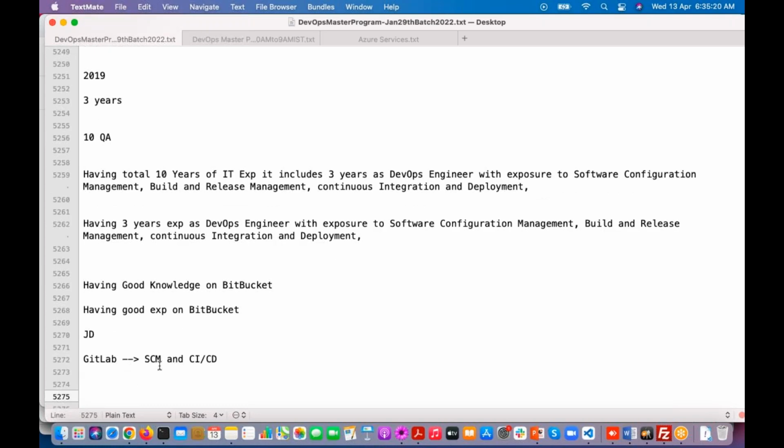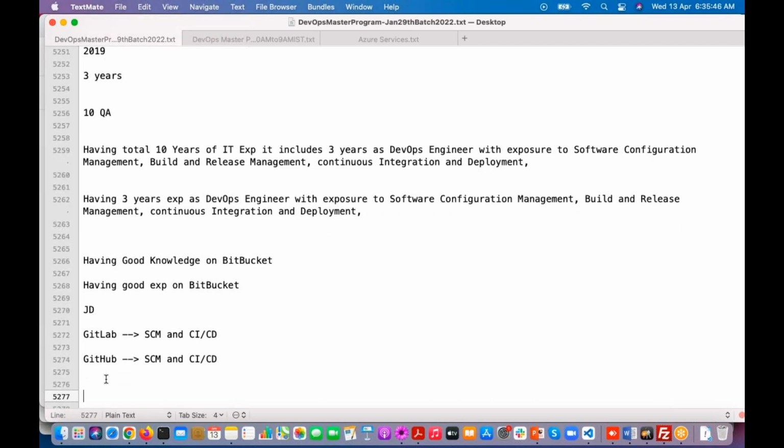They have given this CI/CD feature also, right? Earlier we were using GitHub only as source code management. Now even in GitHub we can use it for the CI/CD process.